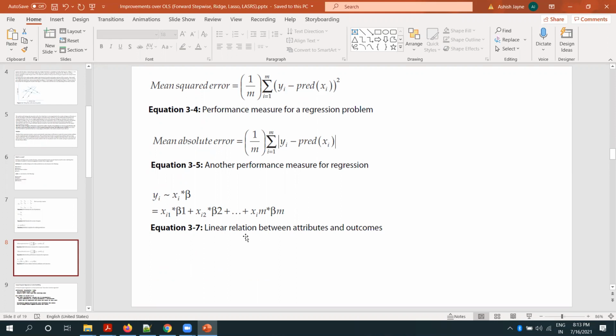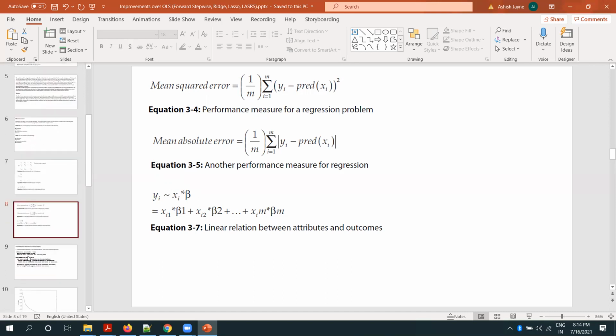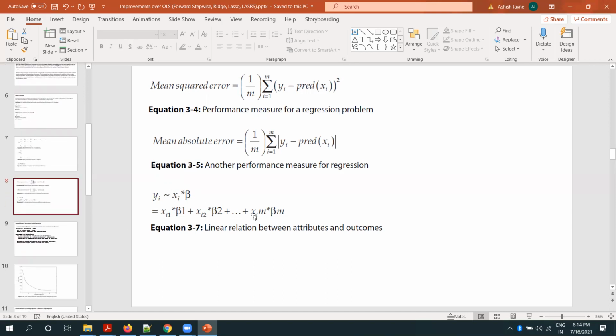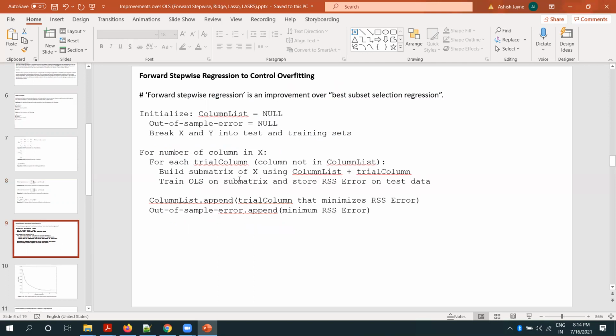When we say we have a linear relationship between attributes and outcomes, we mean that we can write down our problem using mathematical notation such as yi is roughly equal to xi multiplied by beta. Beta are our coefficients, and over here you can see it expanded into individual constituents on the right hand side.